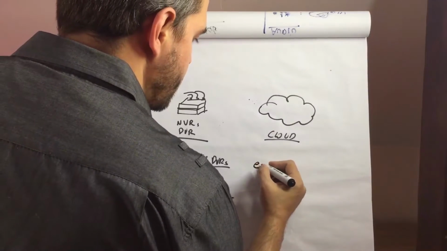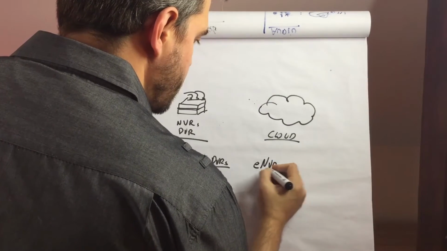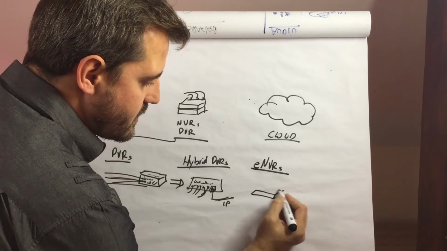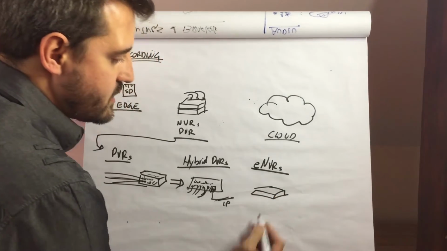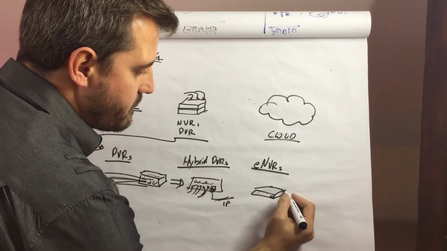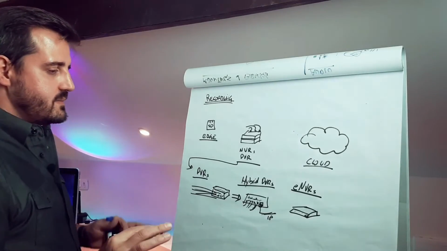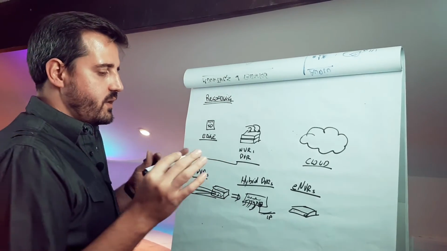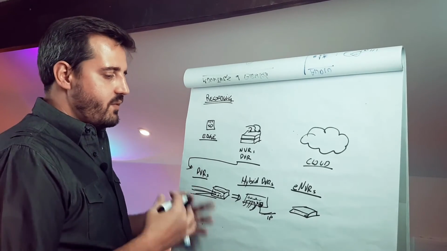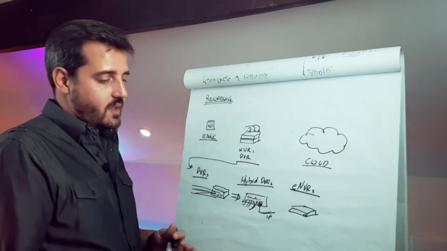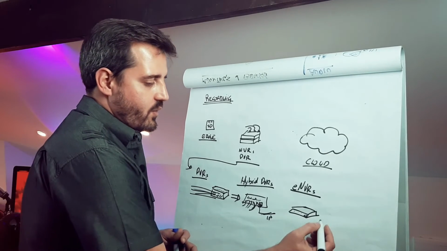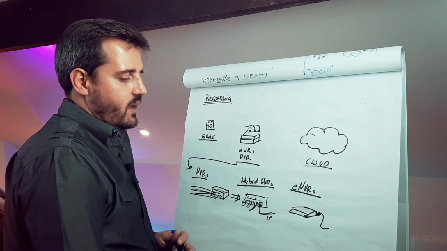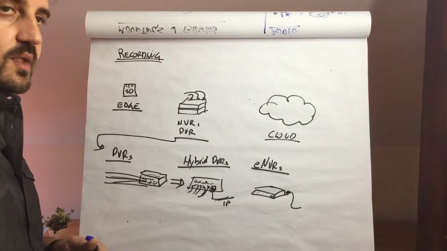Then we'll have the eNVRs. The embedded NVRs are basically boxes that have the operating system, the firmware, the software that will do everything in the recording part and the other tasks as well, and they'll be able to get the IP camera data and record this video stream.